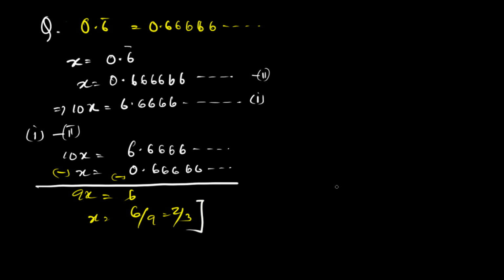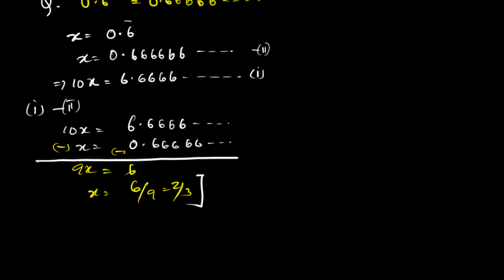It's a bit different. Here we will take x equals 0.254, but the bar is only on 54. In this case, it's the same as the previous one, but you have to do one extra step: bring the 2 to this side and then repeat the previous method.